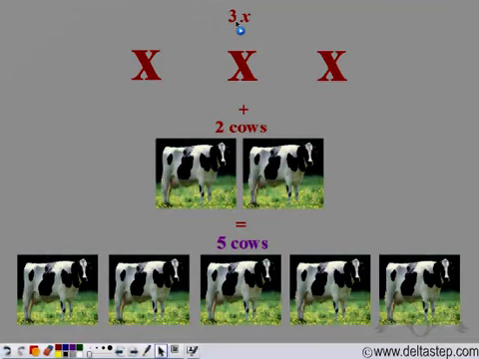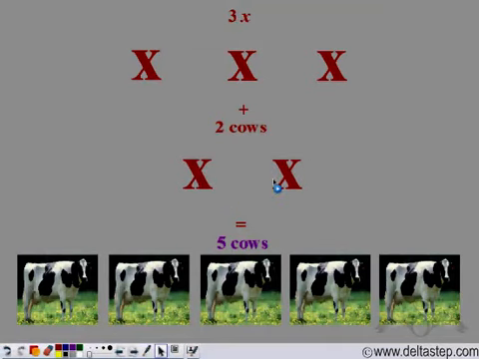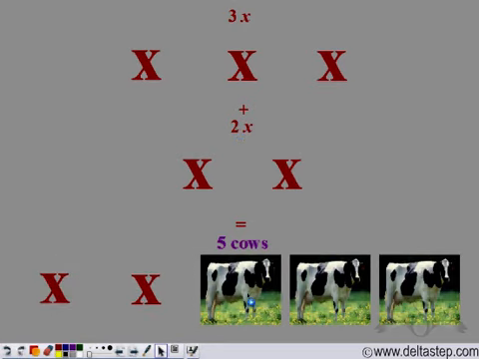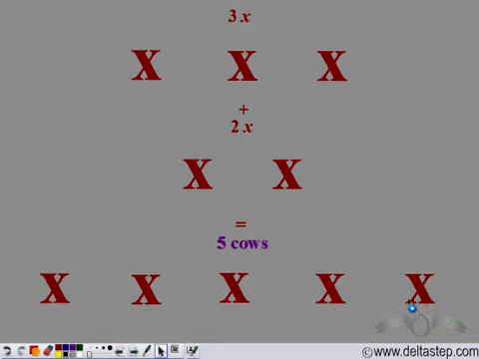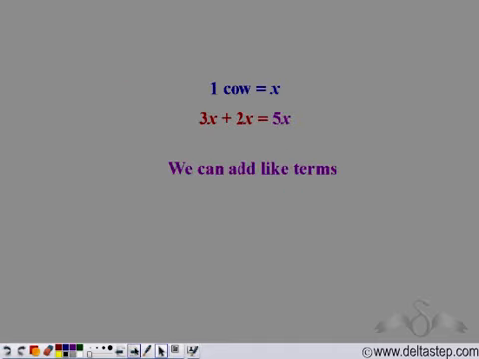We have 3X here, 1X, 2X. We have 2X here, so 3X plus 2X will have 1, 2, 3, 4, 5. We'll have 5X here. So we can write it as 3X plus 2X as 5X.